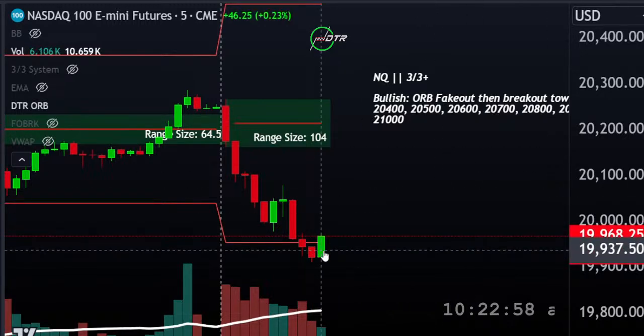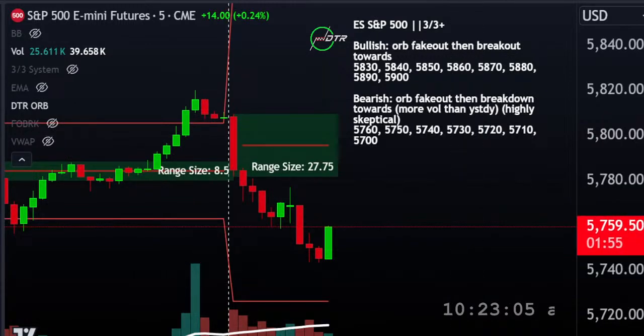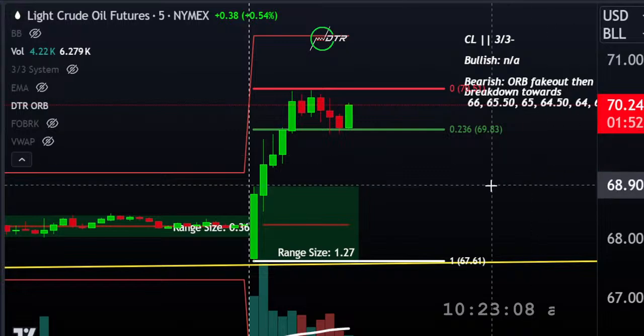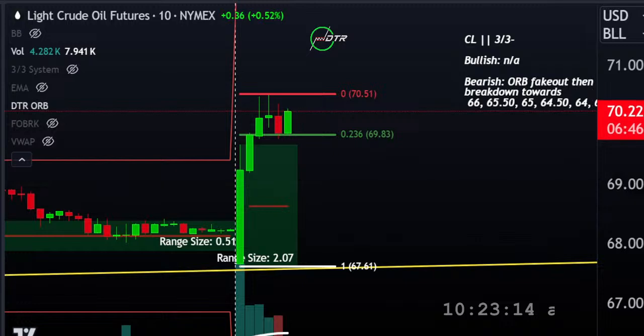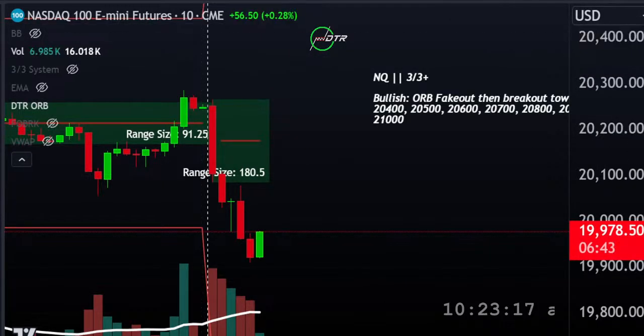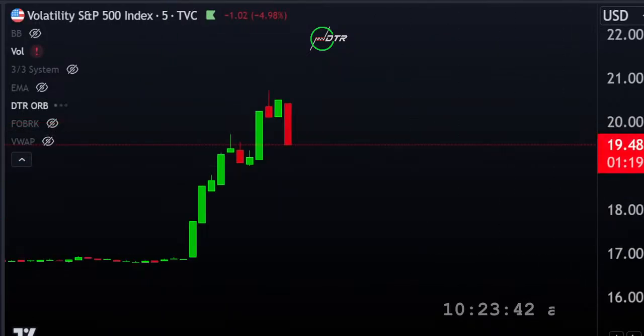So we need to see this go bullish engulfing and bullish engulfing on volume. Should get there. VIX now sub 20.